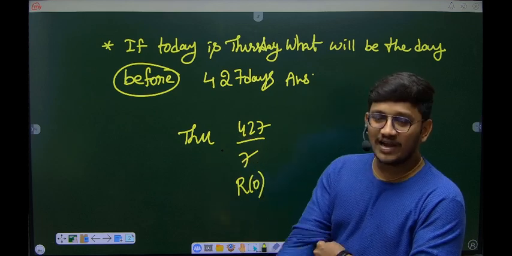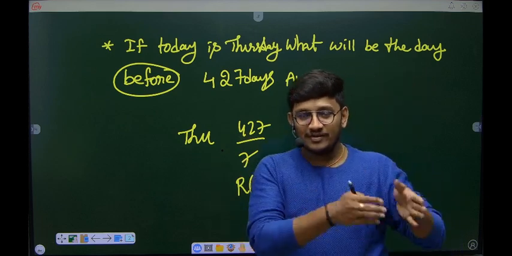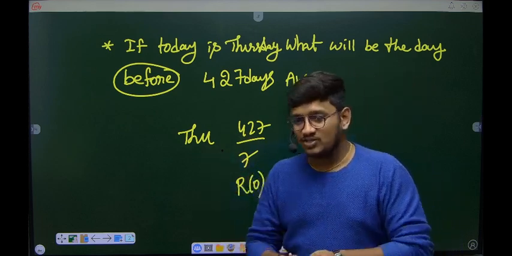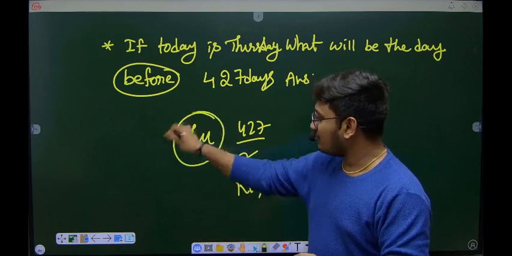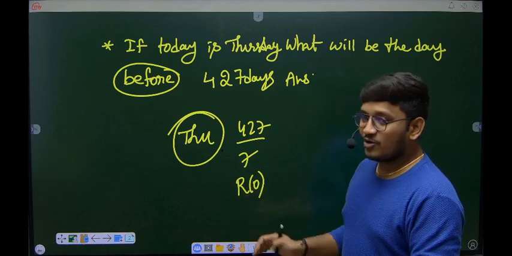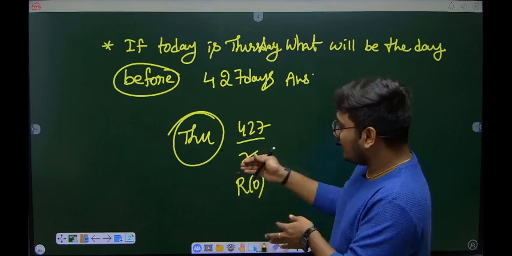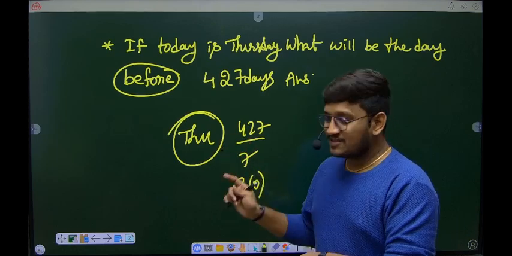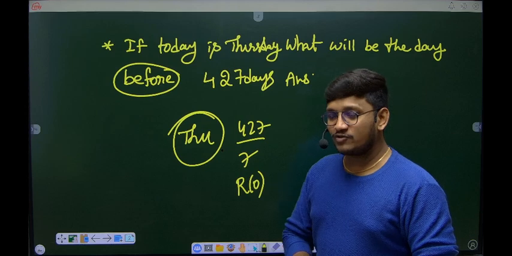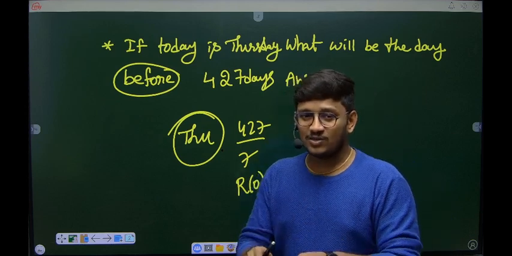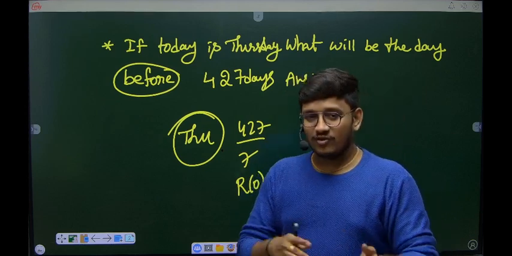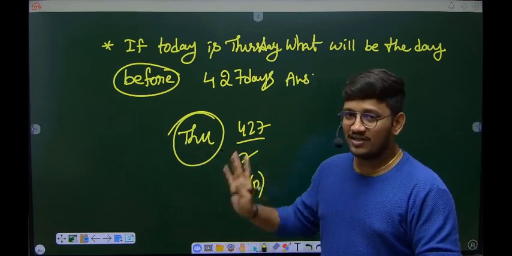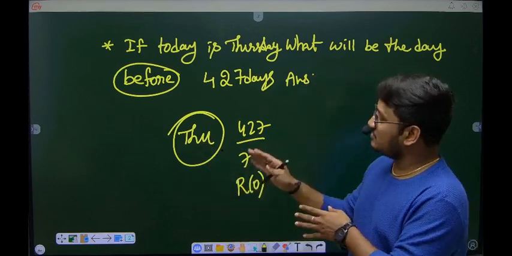When you get remainder 0, you do not need to go backward or forward. So the same day will be your answer when you get remainder 0. Some students might doubt what happens if the remainder is 0, so that is the reason I gave 427. Either it is after or before, the same day will be your answer. I hope you understand this type of pattern.